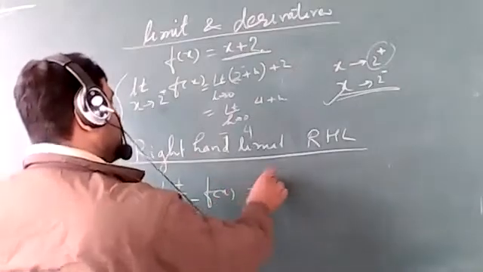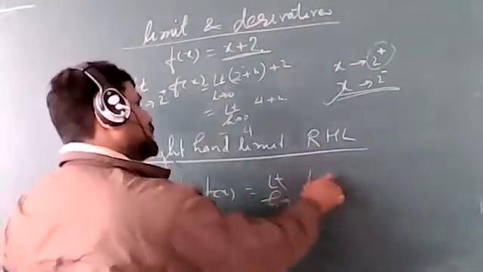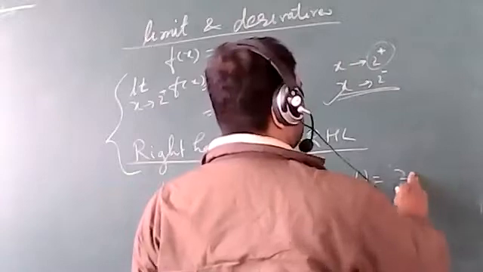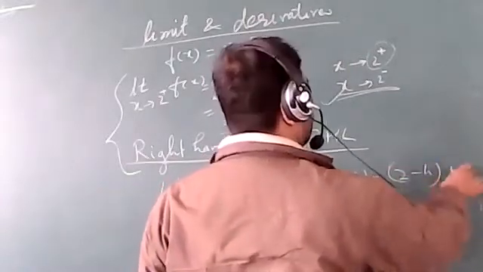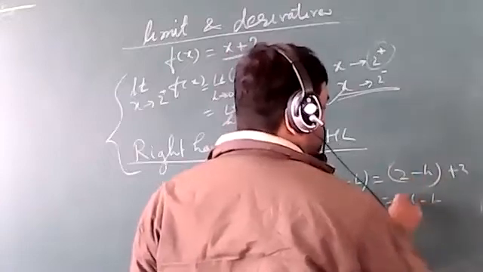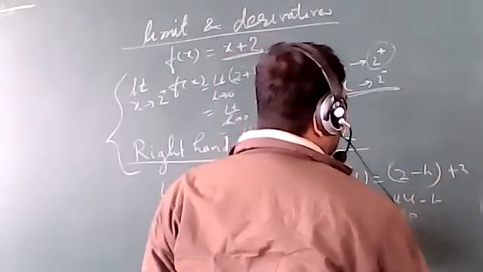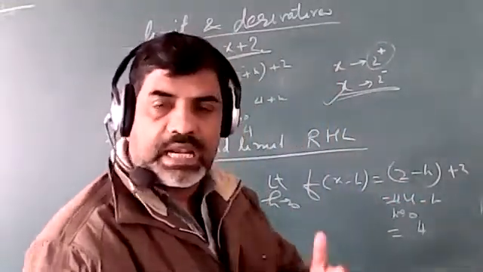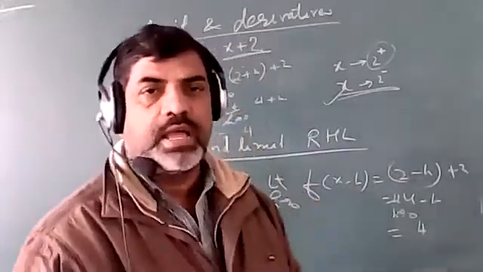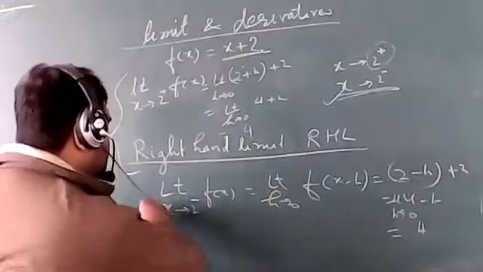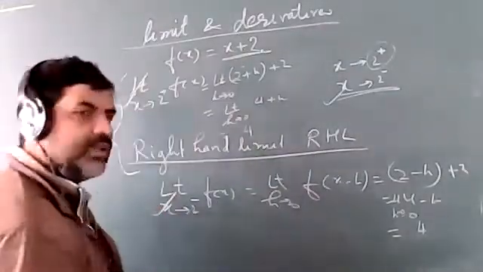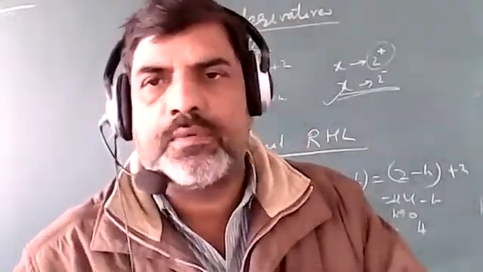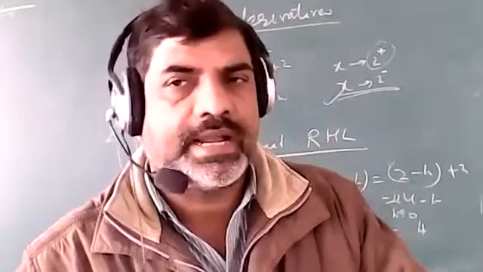Similarly, we take the value slightly less than 2, f(x), or you may write limit h tending to 0, f(2 minus h). This will be nothing but 2 minus h plus 2, that is 4 minus h, where h is tending to 0. So this value also comes 4. Then the limit of the function is said to exist if and only if the left hand limit is equal to the right hand limit. Keep in mind, the limit exists if and only if the left hand limit equals the right hand limit.